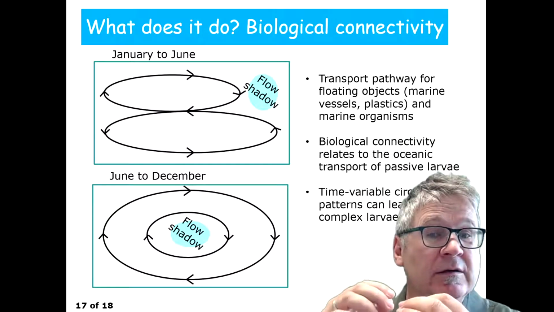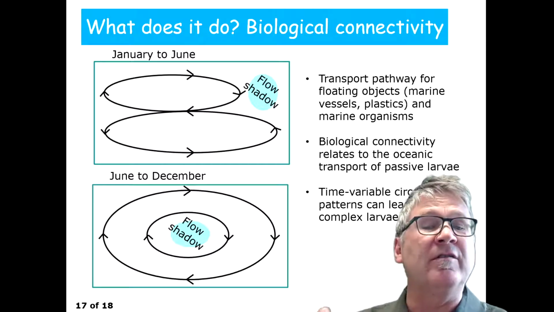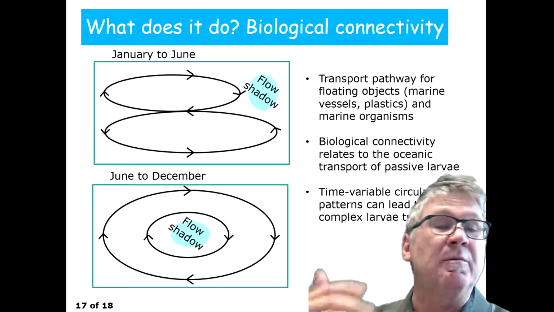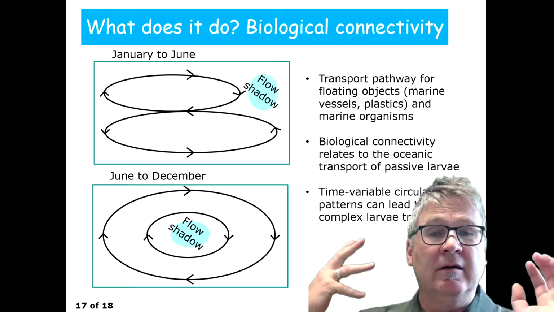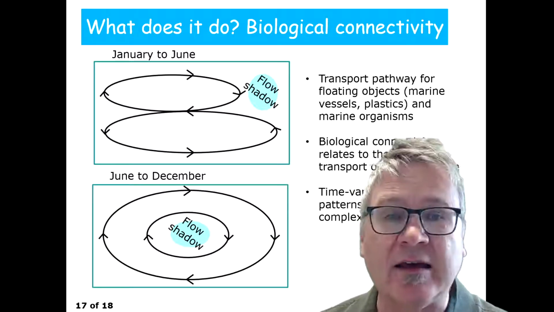So this is another feature associated to the currents, although they are very robust patterns here that repeat all the time. The drift patterns of objects can be very, very complex. All right.